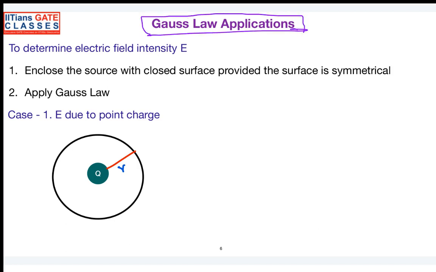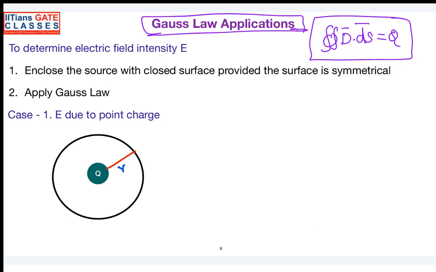You have seen here, the double integral D dot dS is equal to Q. So using the Gauss Law, if you know the type of charge, let us say Q is known, once the value of Q is known, you can already define the electric flux density D. And since D is the same as epsilon times E, once D is known, you are able to define the electric field intensity. So when I say the Gauss law application, it is mainly to determine the electric field intensity due to the different types of charges.